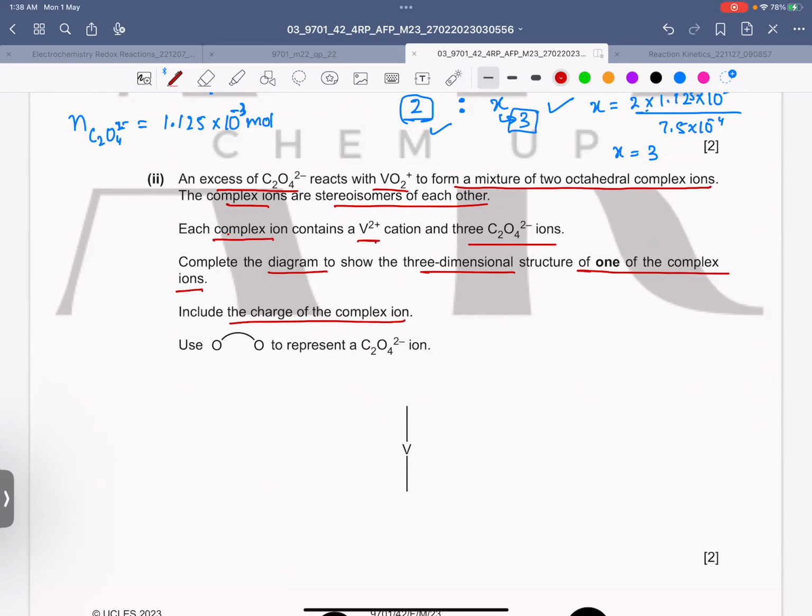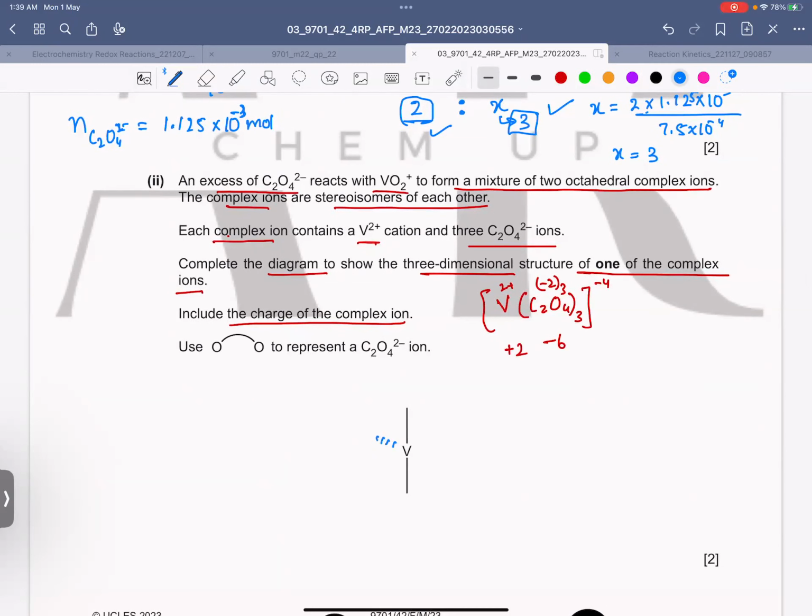So see, how would we find the charge? It's V with a 2+ charge, and there are 3 C2O4, and each one has a 2- charge. So the negative charge becomes -6 and the positive one is +2. So the net charge would be -4, right? Here they have shown you 2 bonds.